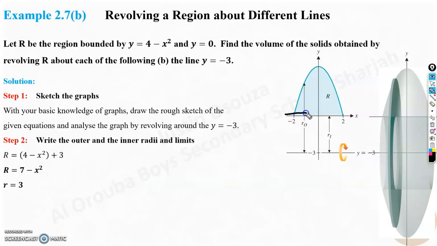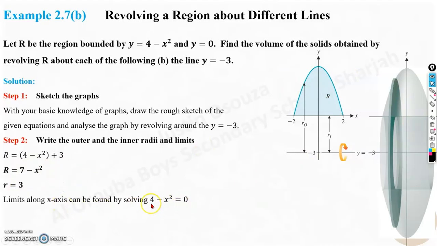Now over here, this line, what is this line at? It's y equals 0. So it is 0 minus, what is this line at? Minus 3. So it is 3. Radius is 3 for the, sorry, this is the inner radius. The first one, capital R, is the outer radius. I'm so sorry for that. The outer radius and the inner radius is 3.